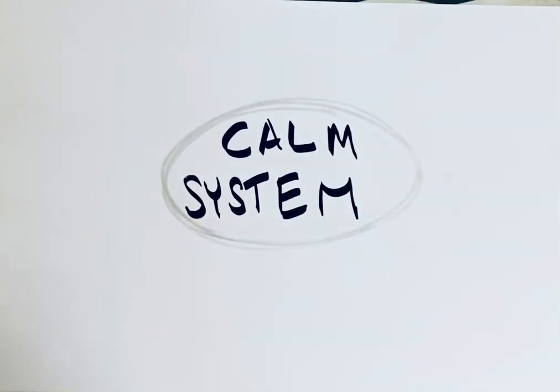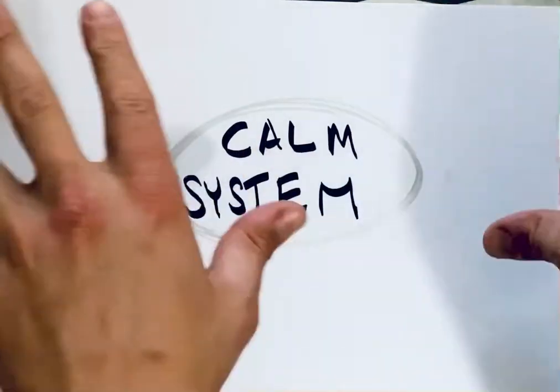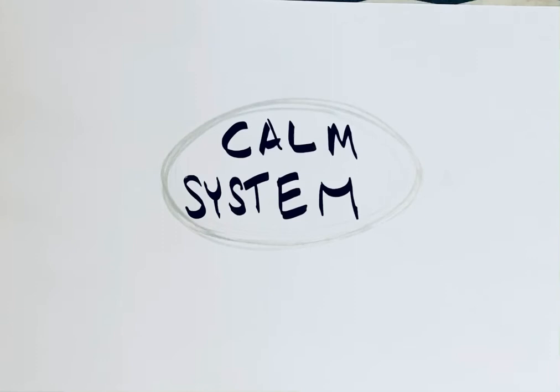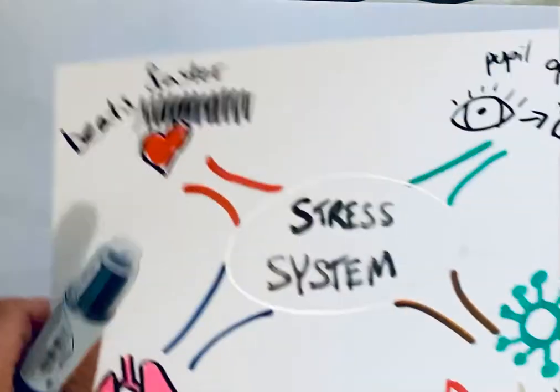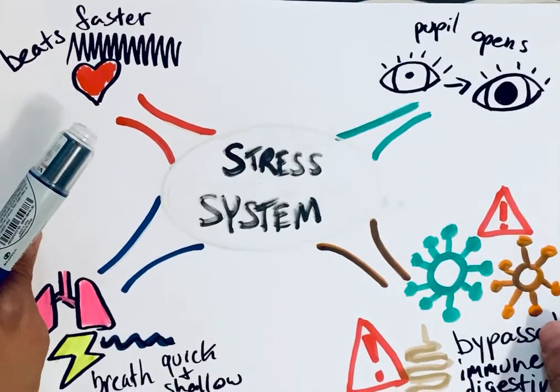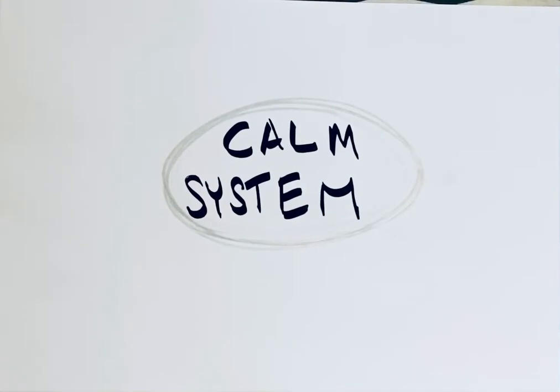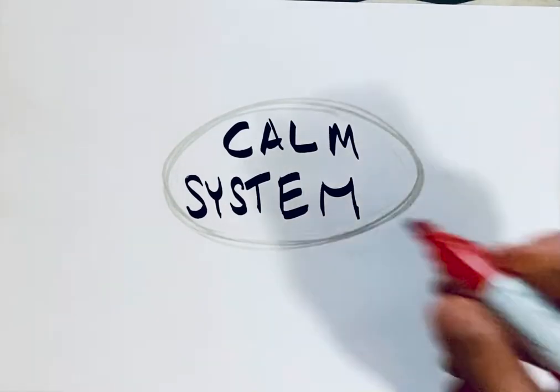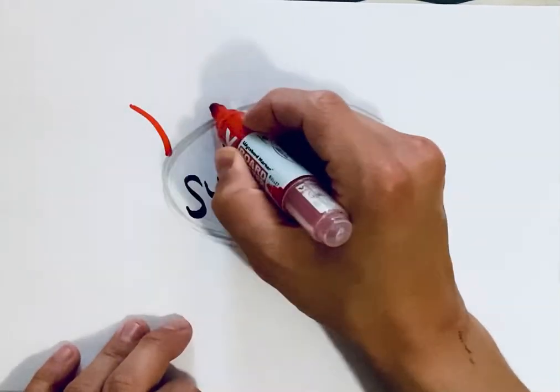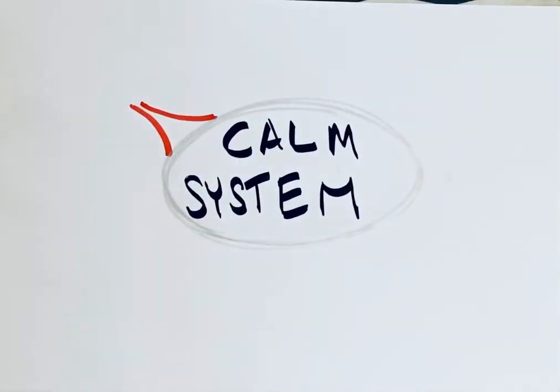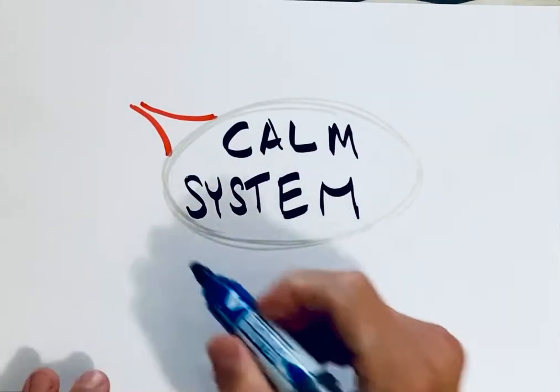Calm system. Okay, so just like we did before, we're going to take 4 different colors and lines to go out and radiate out from the center. Just like we did before, we're going to use 4 colors. And let's take a look at the mind map we used before to remember what colors we used. So we used red. We used blue.